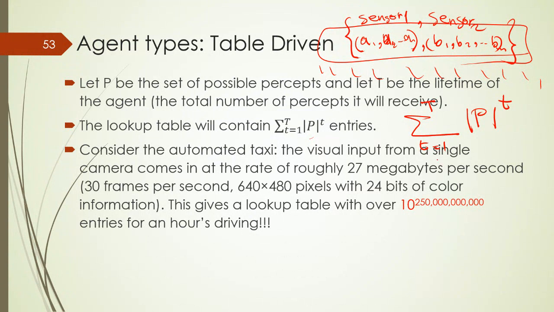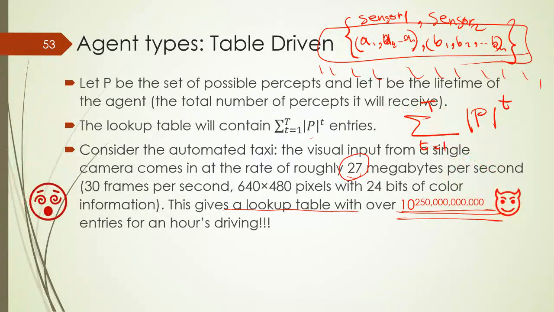The visual input from a single camera outputs roughly 27 megabytes per second, at 30 frames per second, and each image is 640 by 480 pixels with 24 bits of color. This gives a lookup table of this size. This is something really, really difficult to handle.